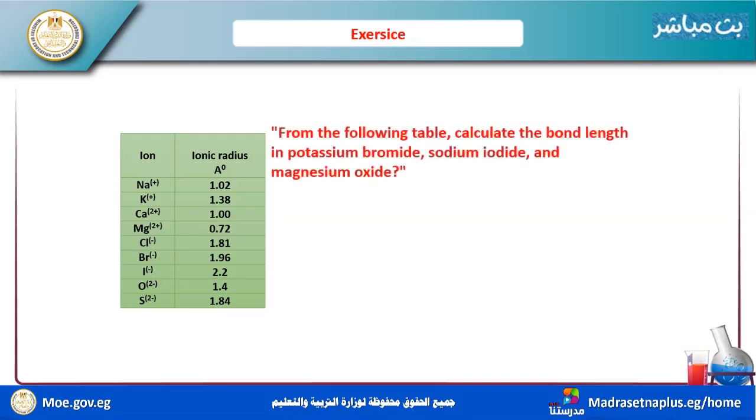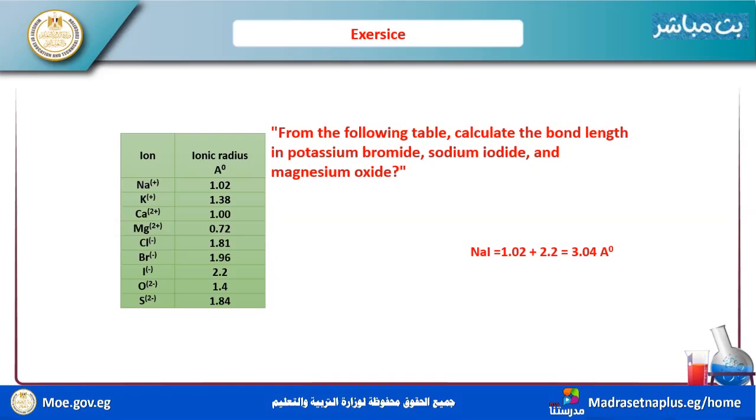From the following table, calculate the bond length of potassium bromide. We have potassium here and bromide here. This is the anion. You can sum the radius of the cation with Br negative, and obtain the distance, or diameter, or the bond length.